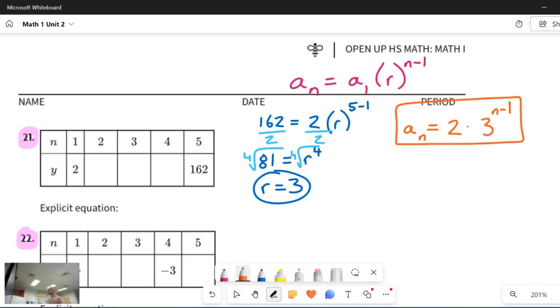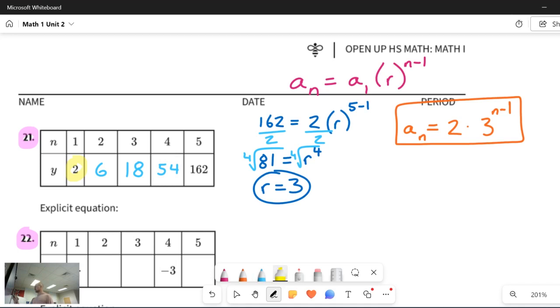But we do need to say, how do we figure this out? Well, we know what our rate is. Our rate is just times 3. So if we try this out, I have a 2. Let's do 2 times 3 to give us 6, 6 times 3 to give us 18, 18 times 3 to give us 54.